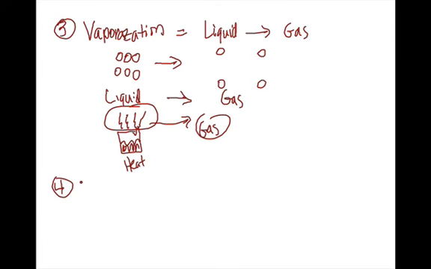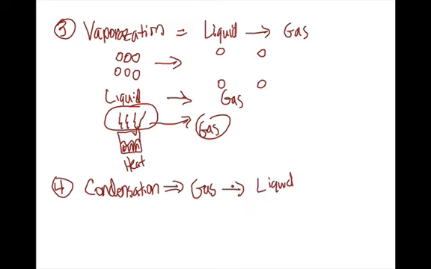The fourth one we're going to talk about is going to be called condensation. All right, so condensation. And condensation is where you are going from a vapor or a gas and you are moving to a liquid. Okay, so we're moving from a gas to a liquid.